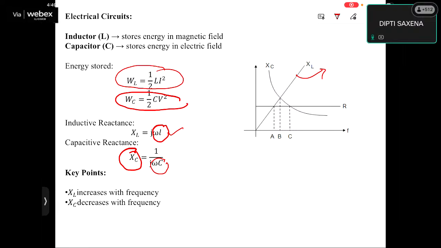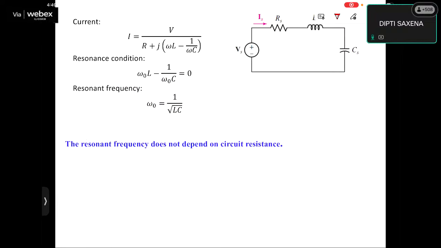Now, the inductive reactance is directly proportional to frequency. So, XL increases with frequency, and the capacitive reactance is inversely proportional to the frequency. So, it decreases with frequency. Now, what we said is that at resonance, the source and the response are in time phase with each other.